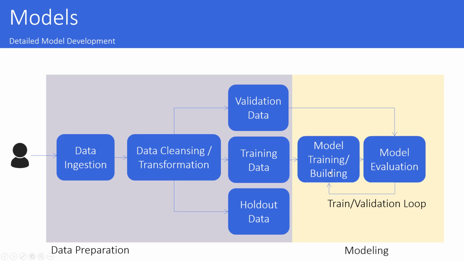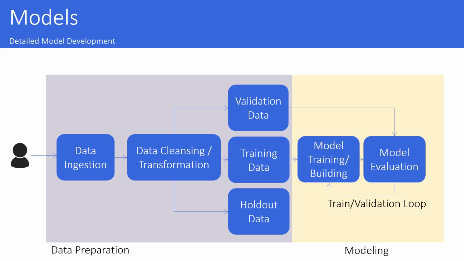Here you can see a more detailed version. You start by ingesting your data. The data usually needs to be cleansed and/or transformed for further usage. And usually you split your data. In a later section you will learn why. So let's just assume you need to split the data into training, validation and holdout or testing data.